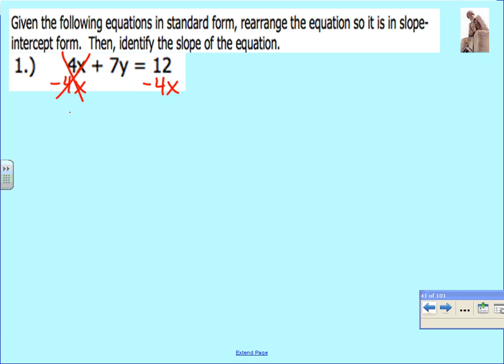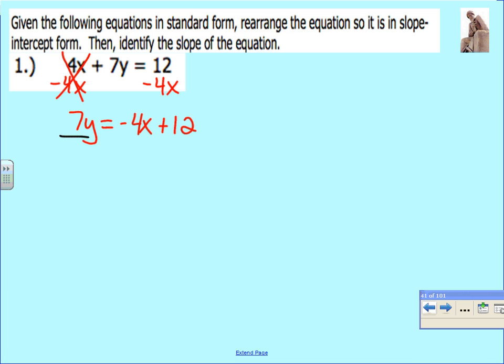We are going to rewrite it. So we have 7y equals, please always write the x term first. So negative 4x plus 12. Always write that x term first. So that was step 1. Step 2, divide by the number in front of y.